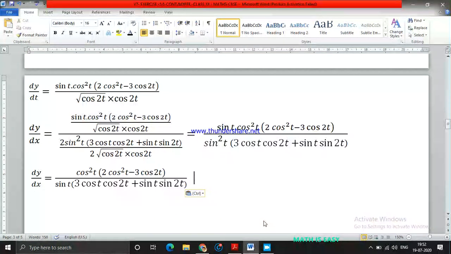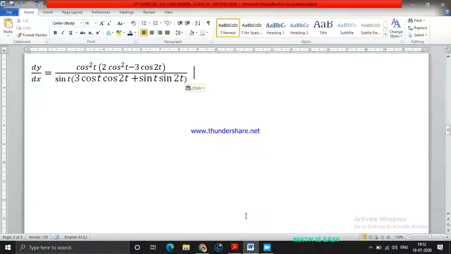Just check if any further simplification you can do. So this is what the questions are like. There will be 4 or 6 mark questions which you have to solve.